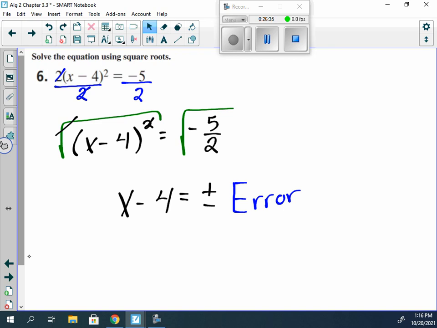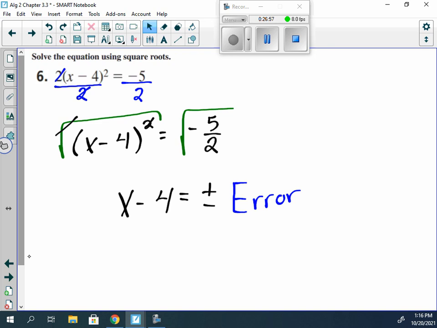Yeah, and that's fine, because when we're finding a square root, we're trying to find what number times itself gives us the number inside the radical. So the square root of 4 would be 2, because 2 times 2 gives us 4, yes?